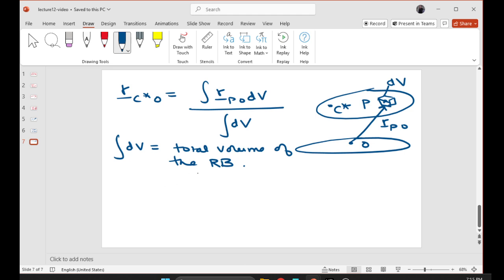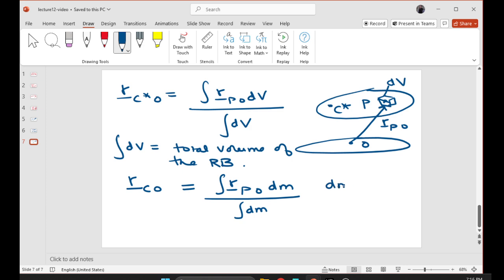So what is the difference between the center of mass and the centroid? Centroid is what I am showing. I have already written on this slide, and let's remind ourselves, center of mass was this.